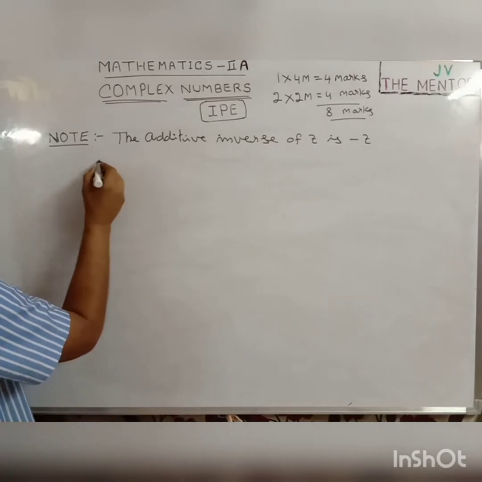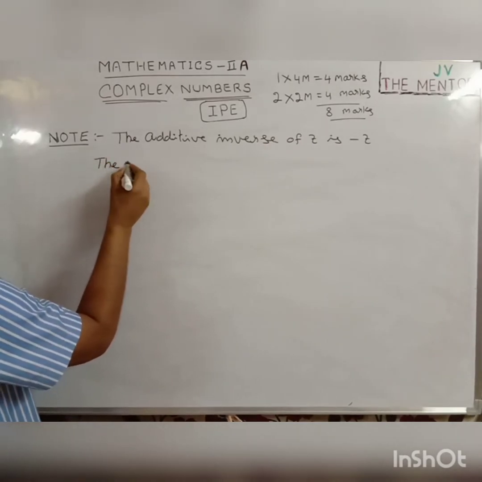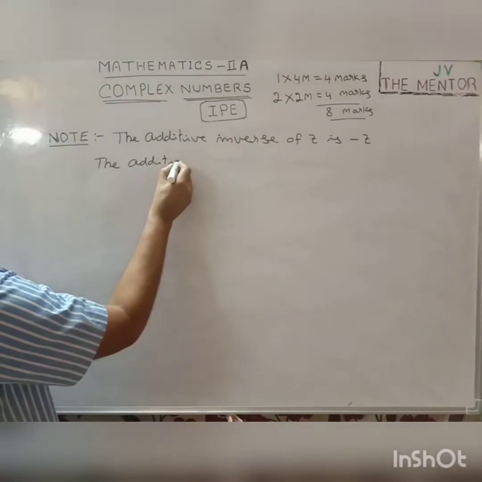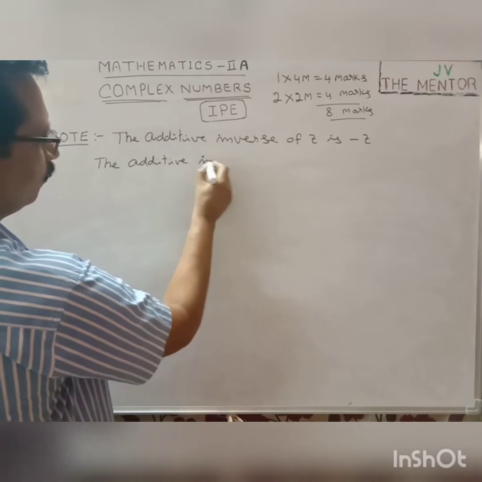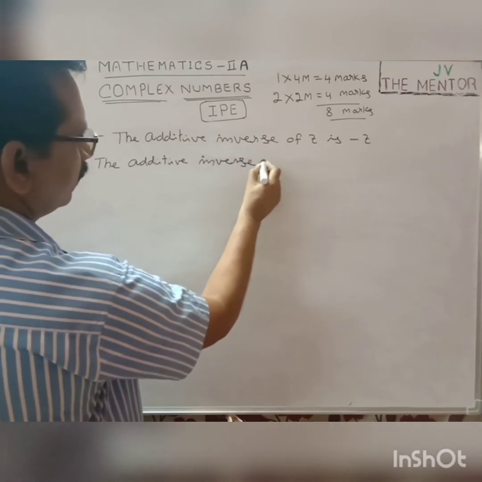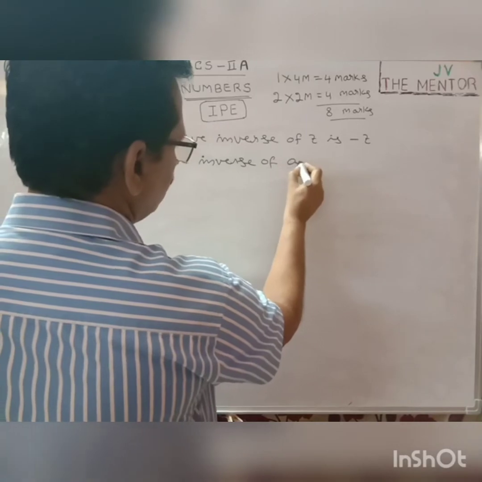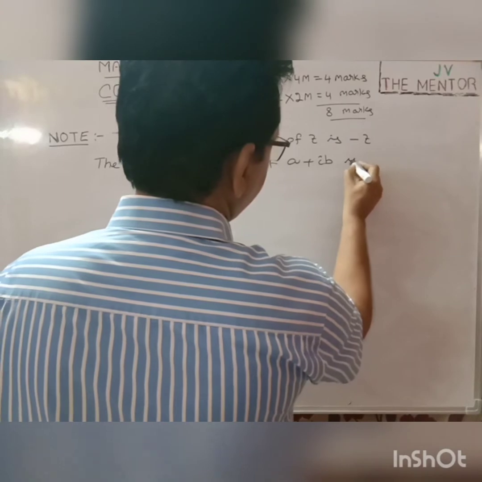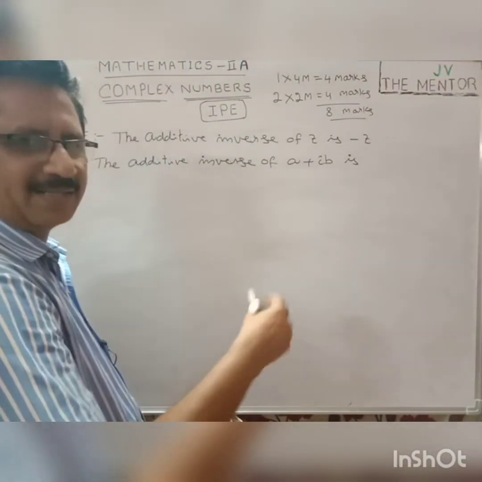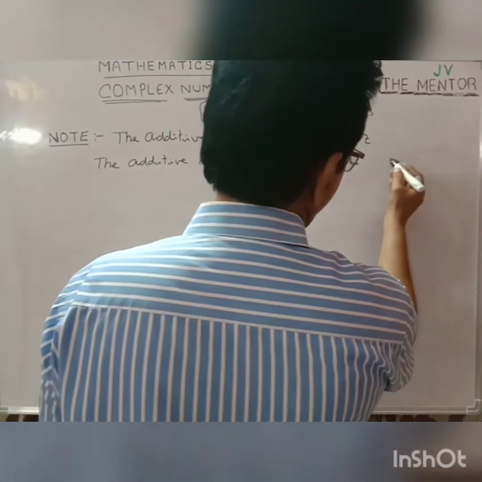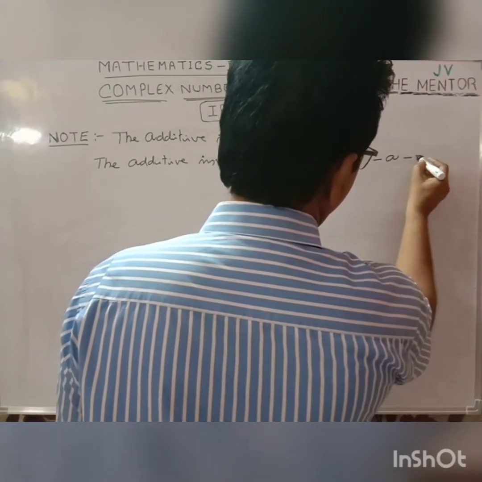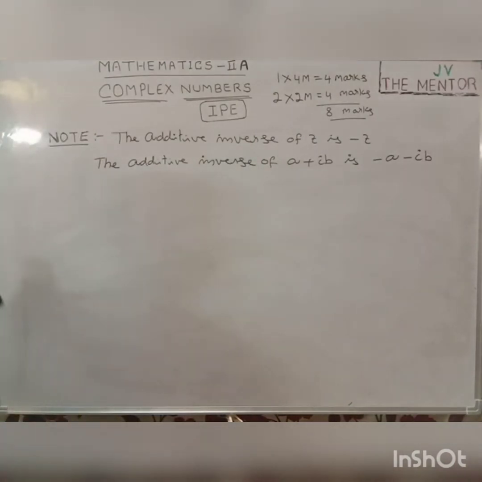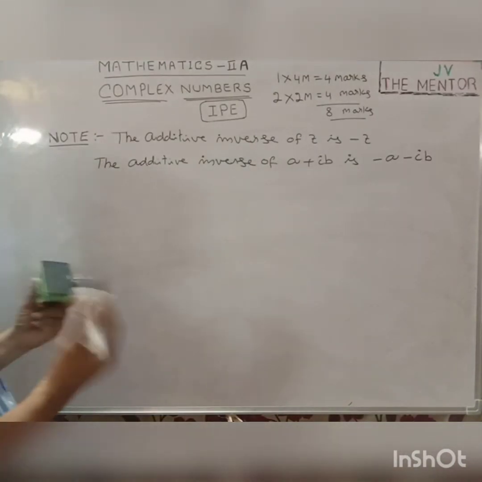That is the additive inverse of A plus IB is minus of A plus IB. Minus of A plus IB can be written as minus A minus IB. Okay now. Now next concept, multiplication of two complex numbers.